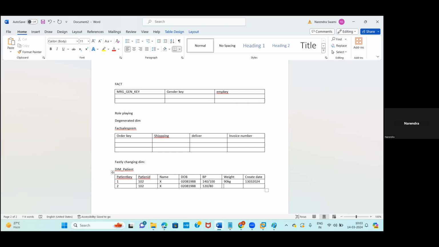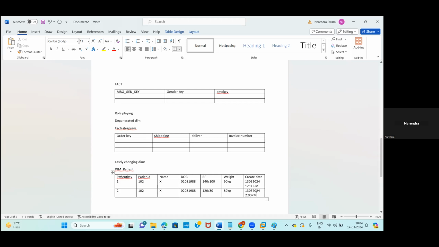And here the weight should be like 89 kgs or something. And here we have a timestamp. The timestamp will always be denoted like this, with PM something like that. Here 12 PM, and it is the same date, 13 March 2024, and the time will be like 2.